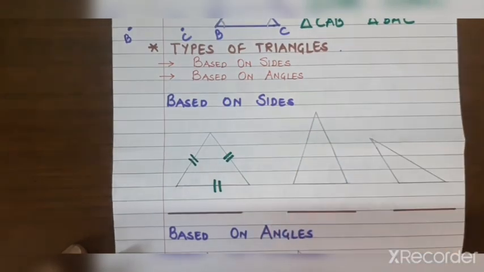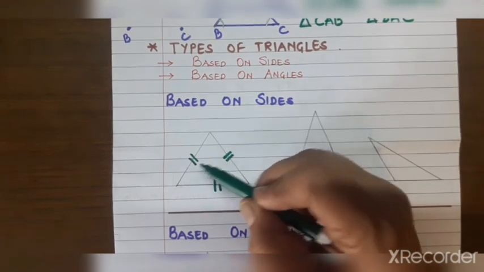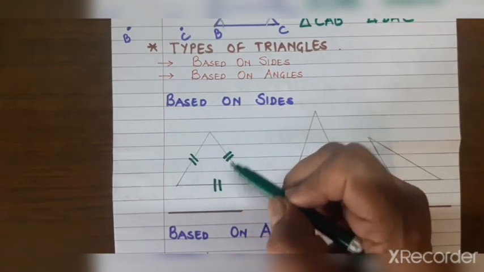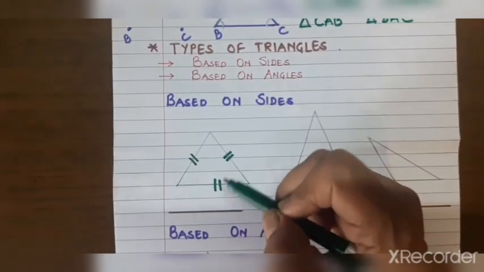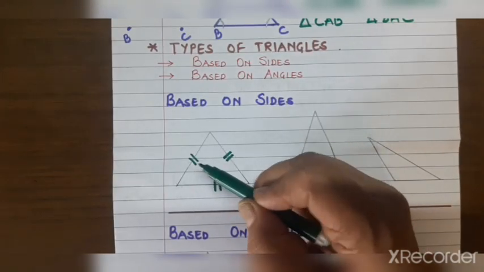You can make any other design also, but let's keep it very simple. So this is a triangle where we show that the sign is the same for all the three sides. That shows that these three sides are congruent.